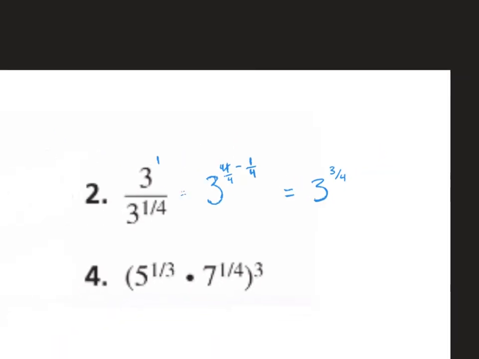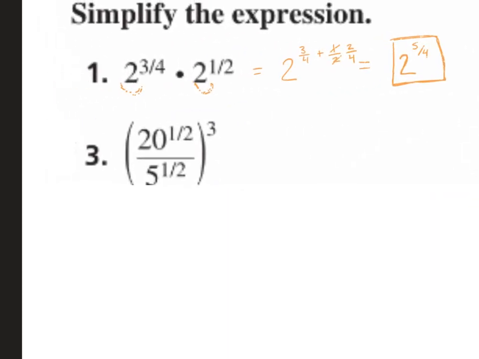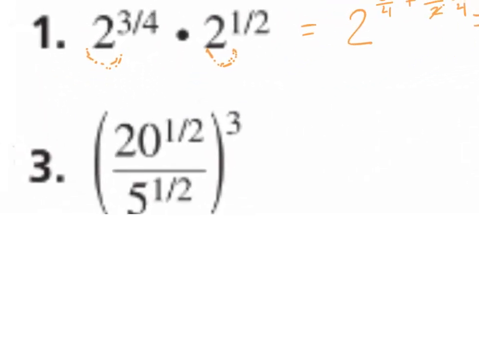Let's look at number 3. What should we do first? Distribute the 3. So we have 20. What's our exponent on 20 going to be? 3/2. And then 5. What's our exponent on 5 going to be? 3/2. Can we simplify this anymore?